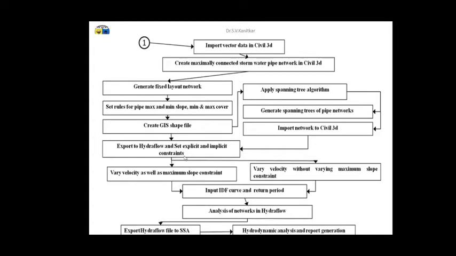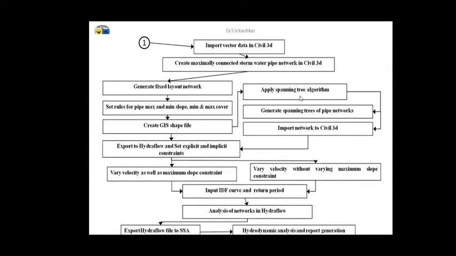Now this is what you can do once you have this geoinformatics data available in the form of a network file, and this network file you process in Civil 3D and HydraFlow, and you do the analysis. Now herein, what I have already added is, as you create a mixed network of a particular storm drainage system with maximum number of pipes, you apply a spanning tree algorithm.